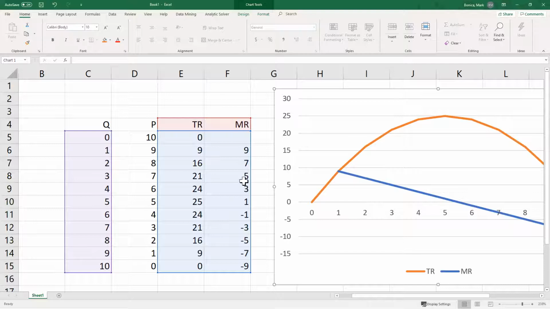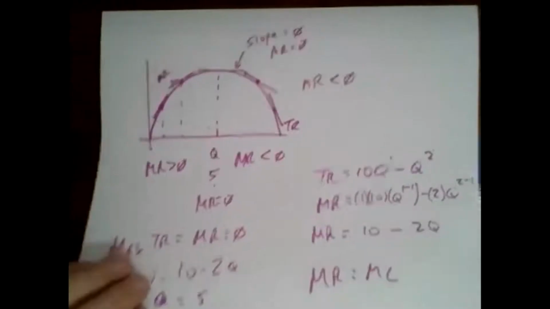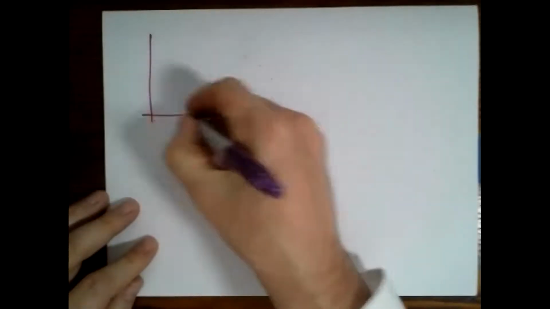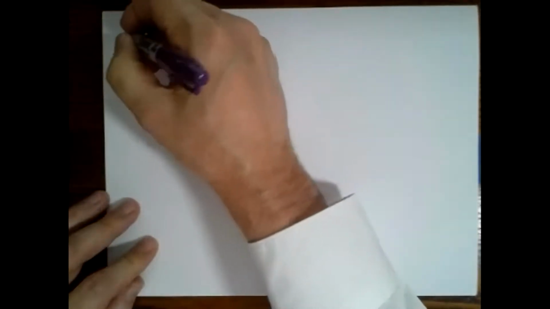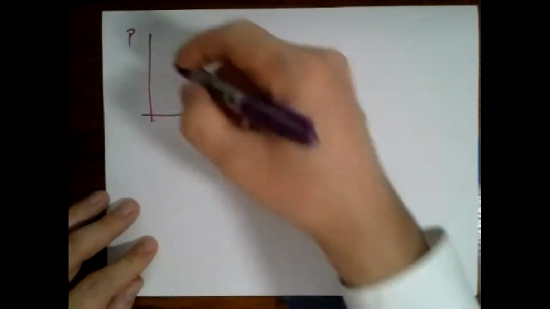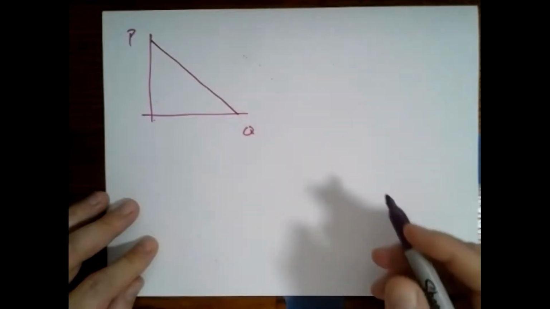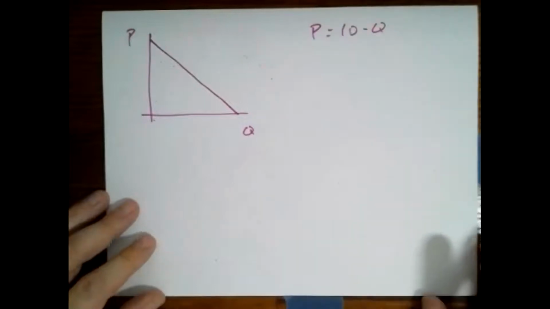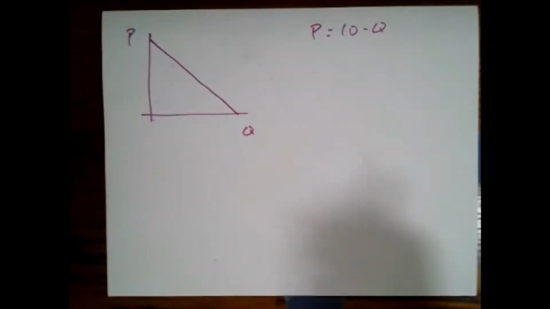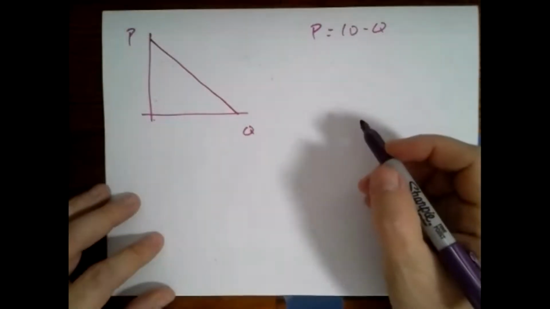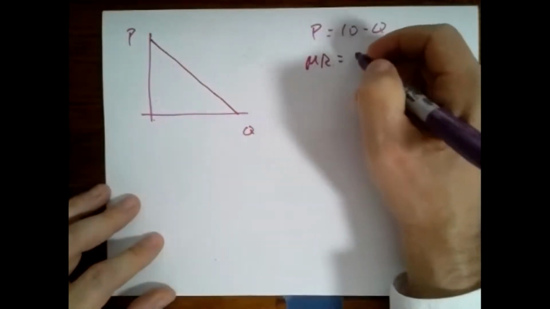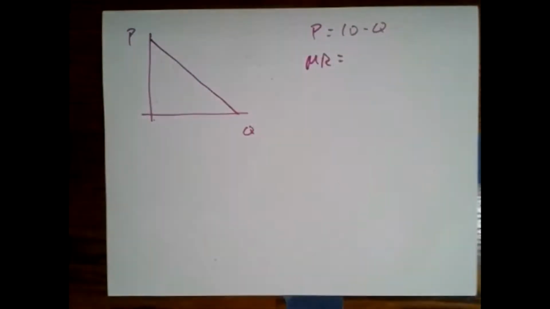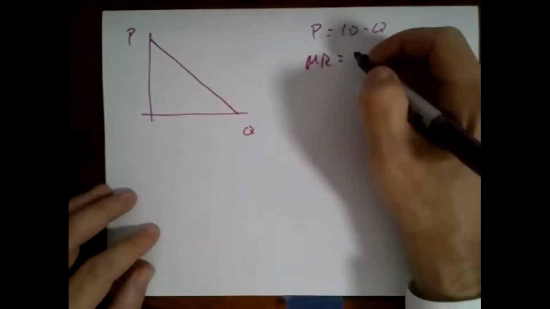So if we were to now graph marginal revenue with respect to the price and quantity, so this is the monopolist's demand, right? And we'll use P is equal to 10 minus Q, because it's a really easy function to work with. If we want to graph the marginal revenue now, remember that marginal revenue was equal to 10 minus 2Q.